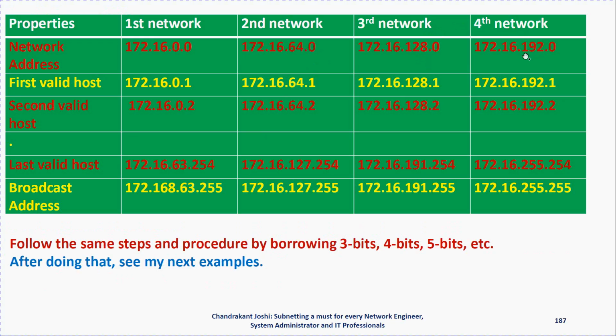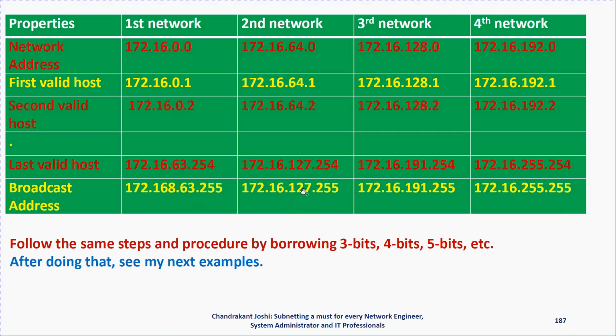If we add 64 to 192, it becomes 256, and 256 is not part of an 8-bit octet. So maximum is 255. That is why we get this 255 as the broadcast address. The same rule applies. 1 less than the second network address will give us the first broadcast address.